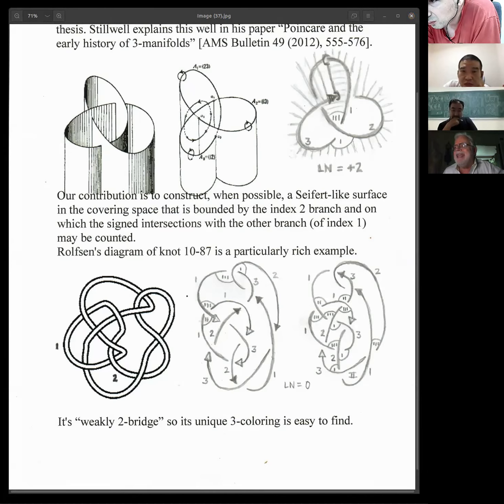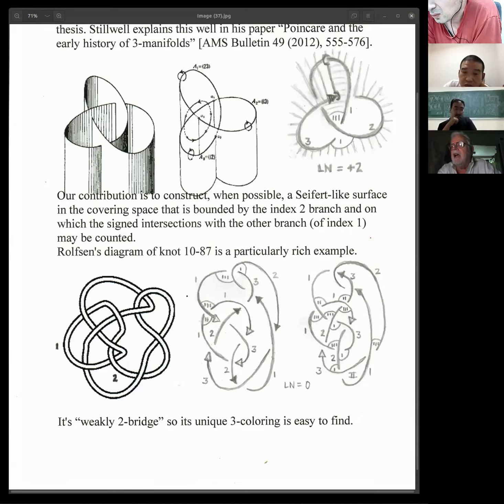And what that means is that copy 3 of the entire knot diagram is joined to copy 3 above that crossing, so that you can just proceed right under copy 3. And then you go down along something called 2, and you get to copy 3 again. So you just proceed happily along. Then you go all the way up, you get to copy 3 again, and you get back to the point where you started.